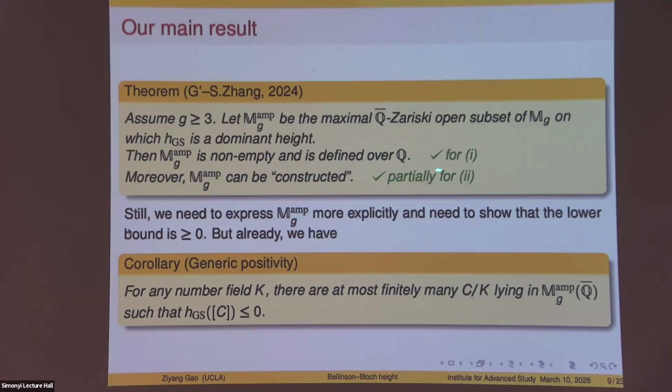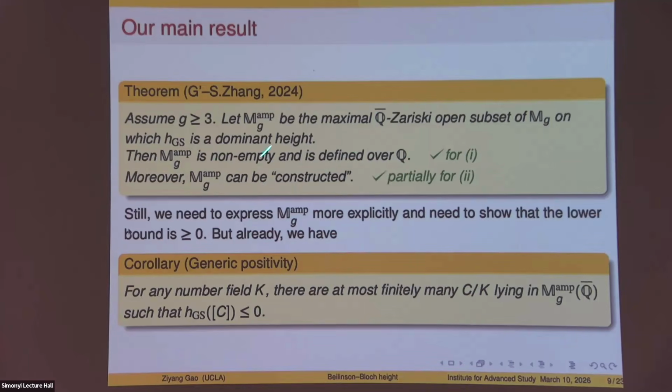Still, we do have an answer for part 1, and we have a partial answer for part 2. And we need to, of course, express this more explicitly and then show the lower bound is non-negative. These are at least the things that need to be done, even for these 2 cycles. And there are some more I will talk about in the last slides.